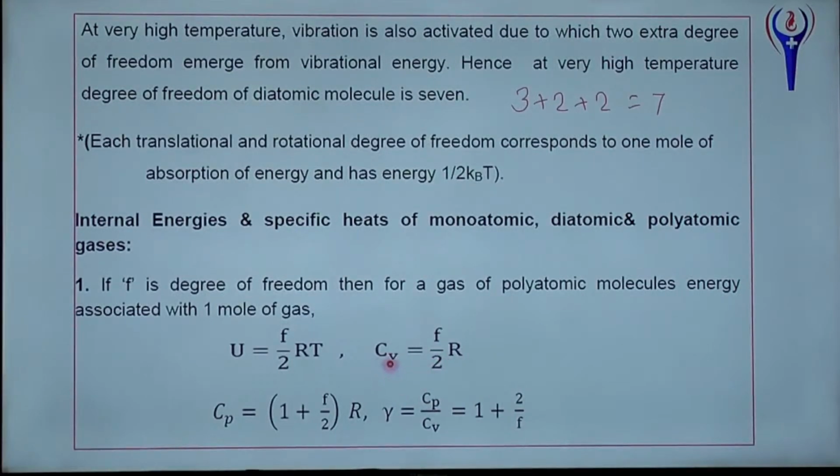What is Cv? Cv is the specific heat capacity at constant volume, and Cp is the specific heat capacity at constant pressure.